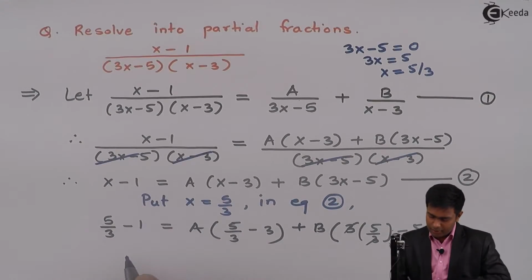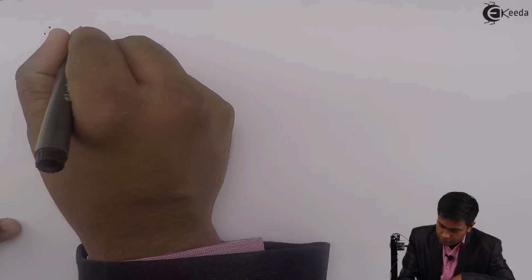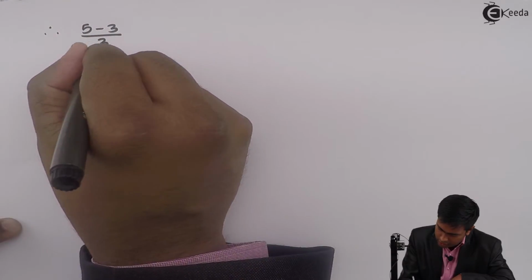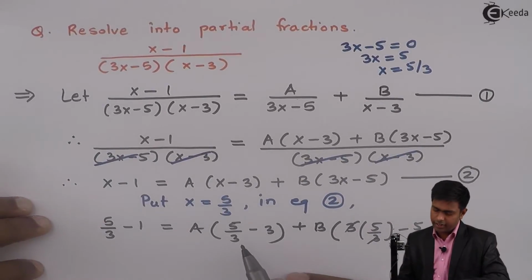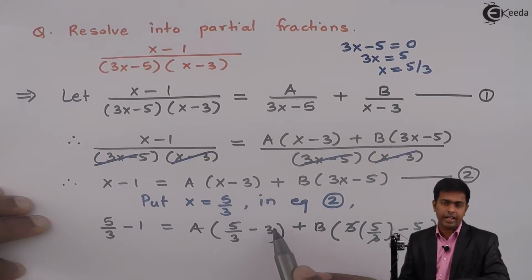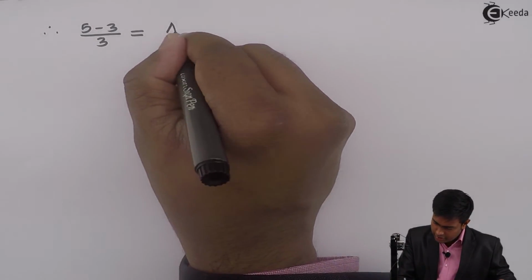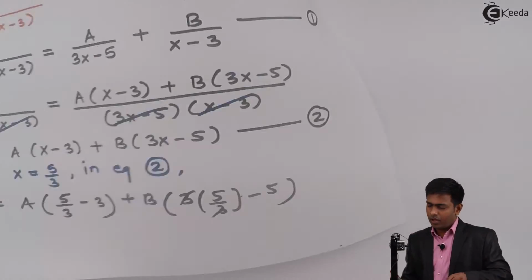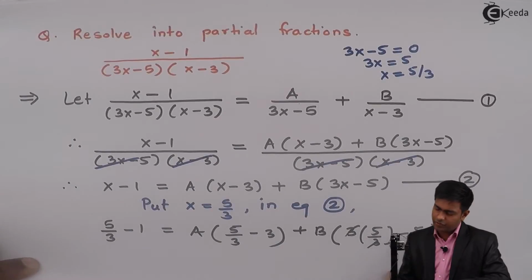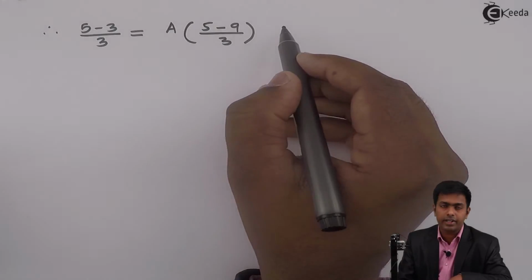So the left side will become (5 minus 3) upon 3, and on the right we will get A into (5 minus 9) upon 3, and 5 minus 5, 0 into B is 0. So the last term is 0, we won't write it down.